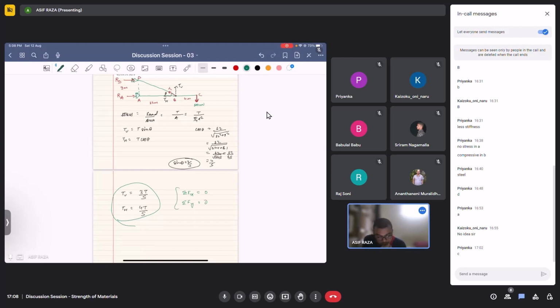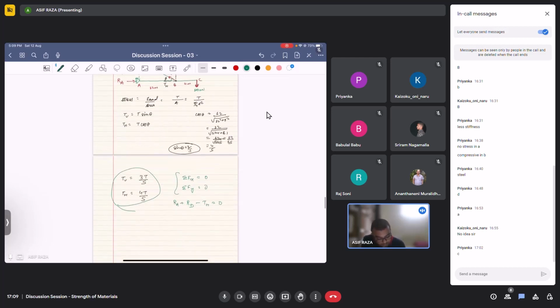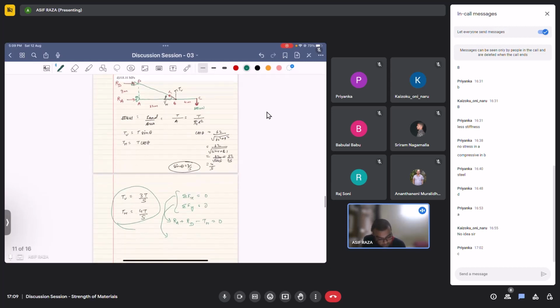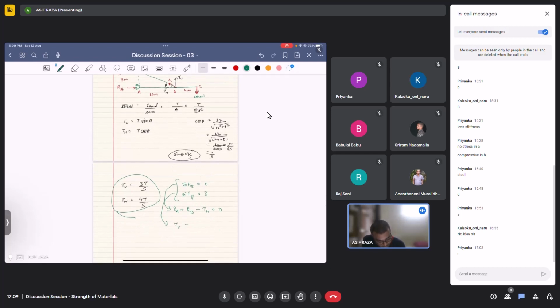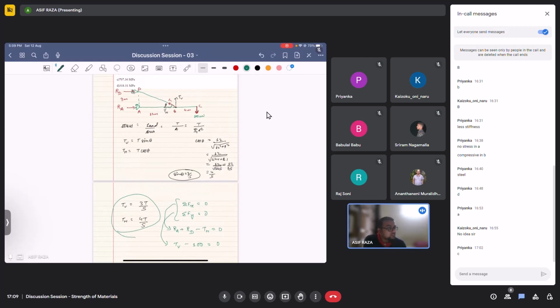So sigma Fx is RA plus RD equal to TH, and sigma Fy would be equal to TV minus 100 kilonewton equal to 0, since vertically only TV is acting against the load applied.